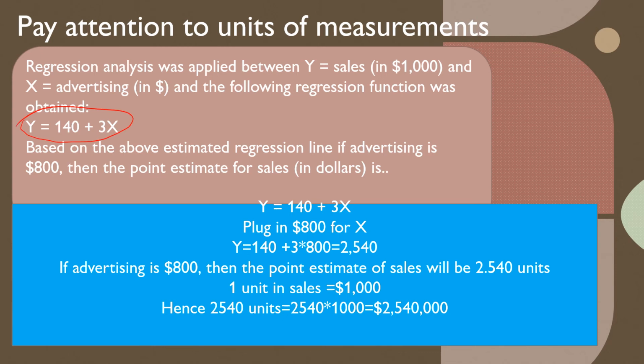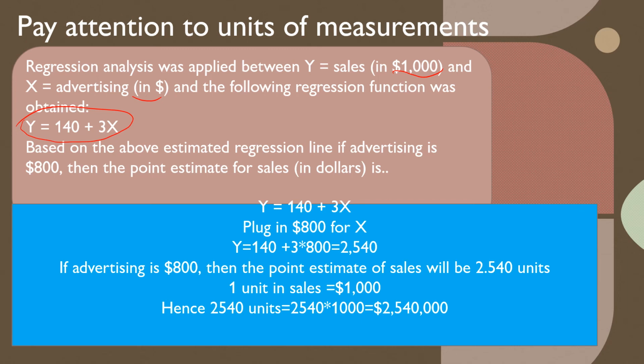Here Y stands for total sales, but unit of measurement is in $1,000. In other words, 1 unit in Y is equal to $1,000. On the other hand, our predictor is advertising spending, and it is measured in just $1. In other words, for X, 1 unit is equal to $1. For Y, 1 unit is equal to $1,000.